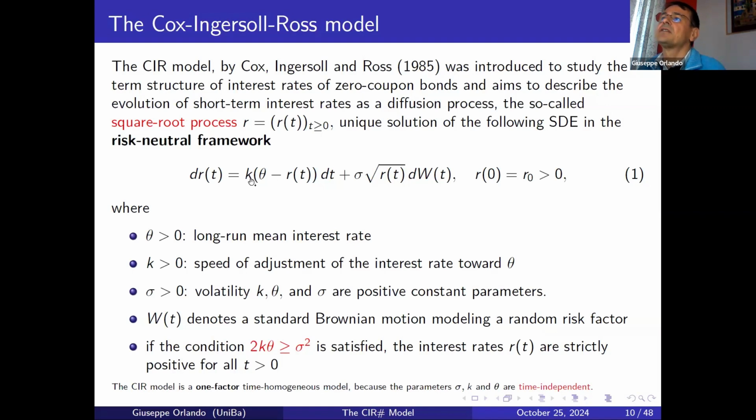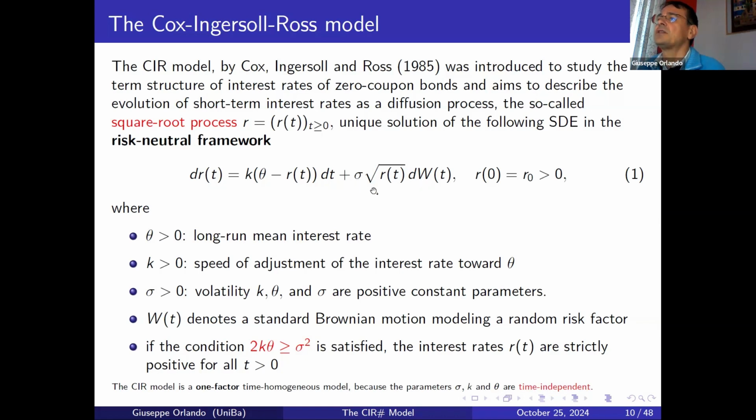So this K is just the speed of adjustment to the drift. So this is the drift. This is the current value of the interest rate, and then this is multiplied by the change in time. And so this part is fully deterministic, and this part instead is the stochastic one.